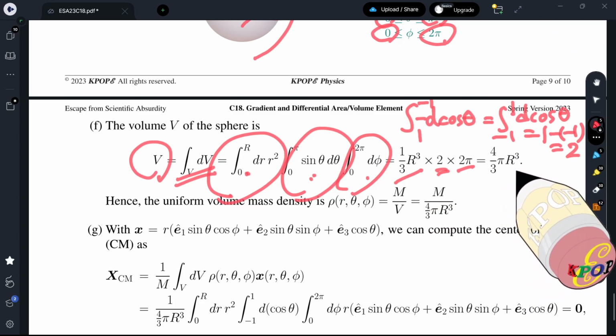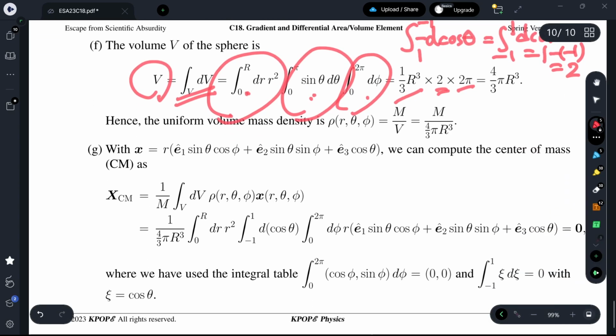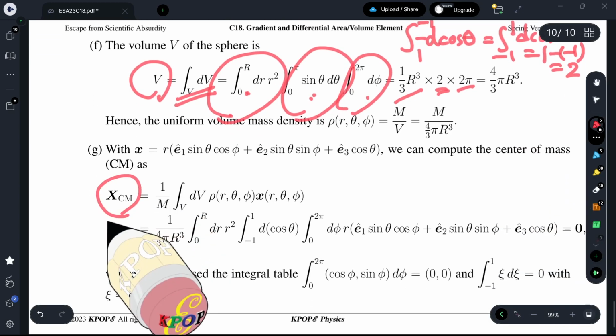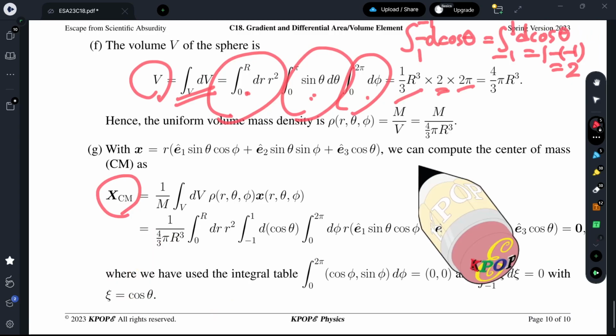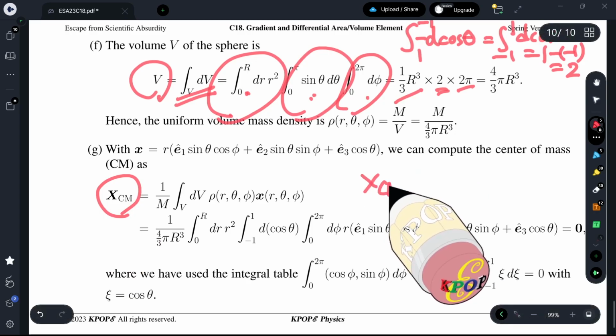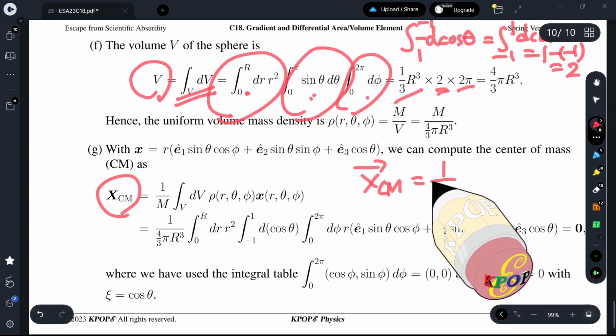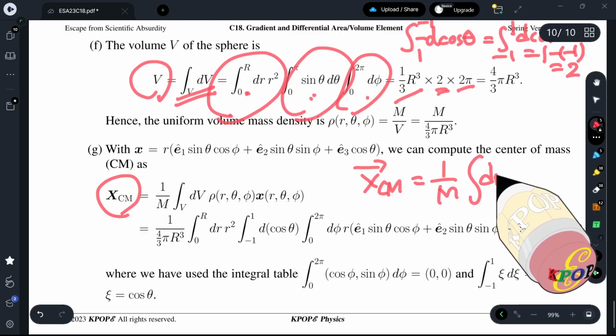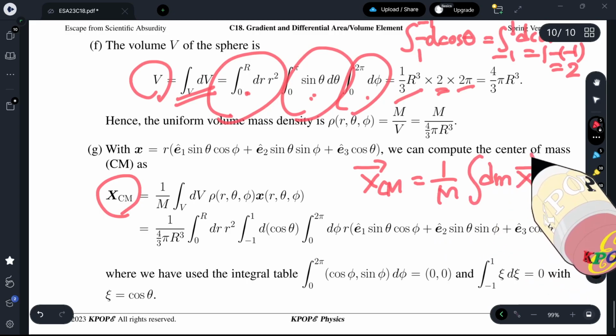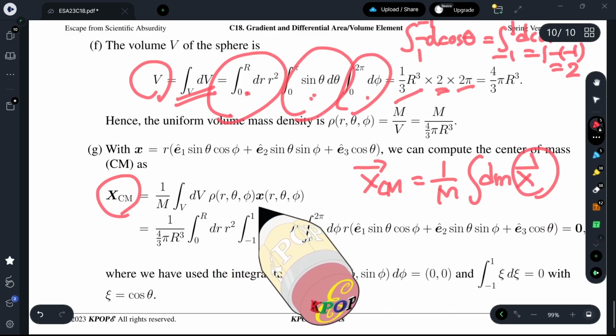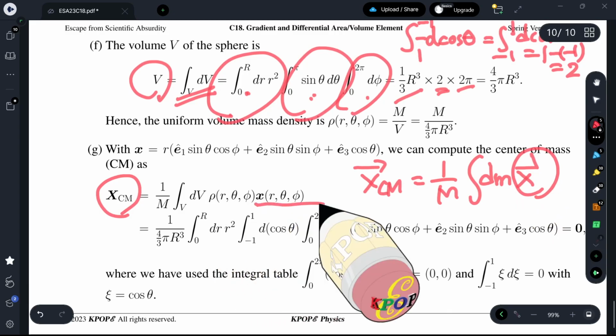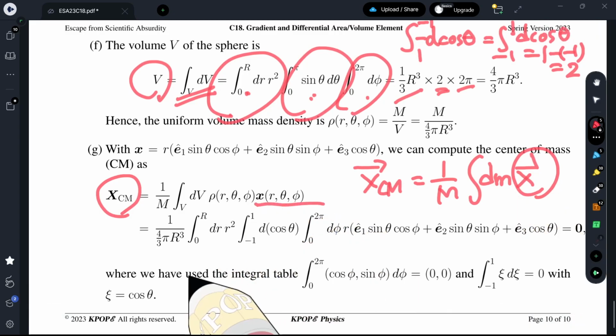We can also evaluate the center of mass of this sphere of radius capital R centered at the origin by making use of the definition of the center of mass. And we know how to parameterize the position vector in terms of polar coordinates.